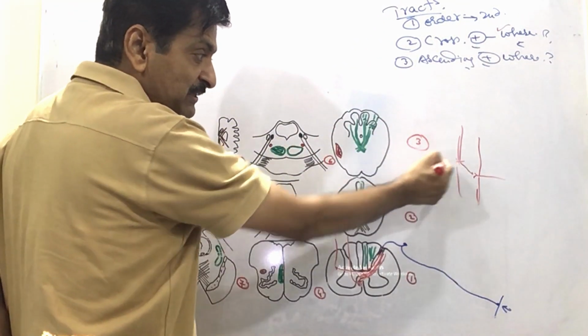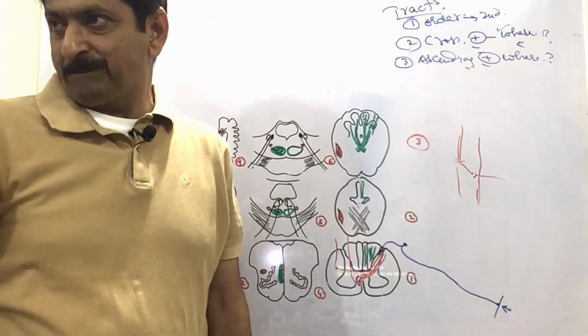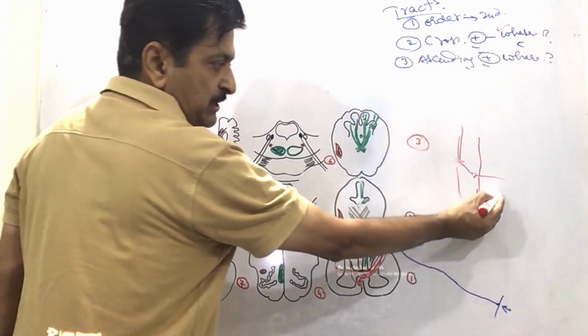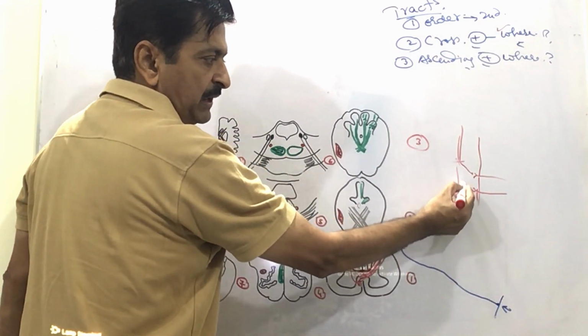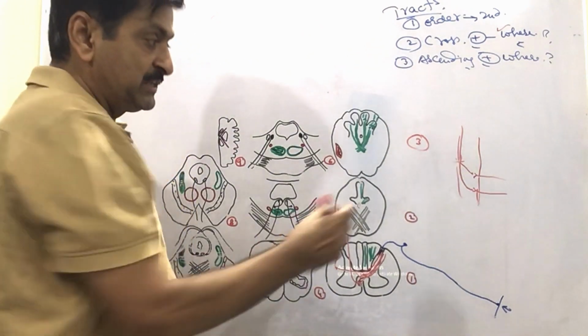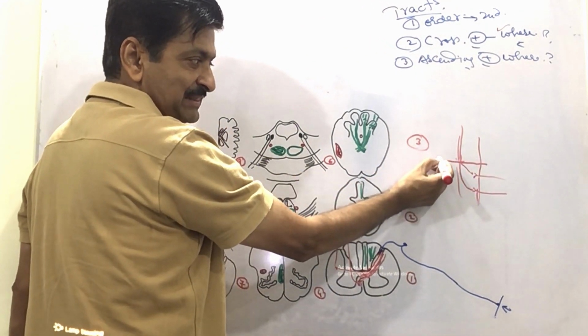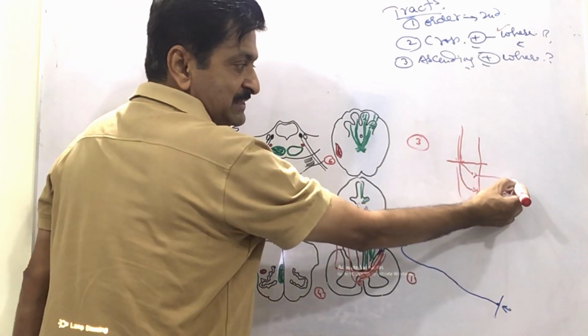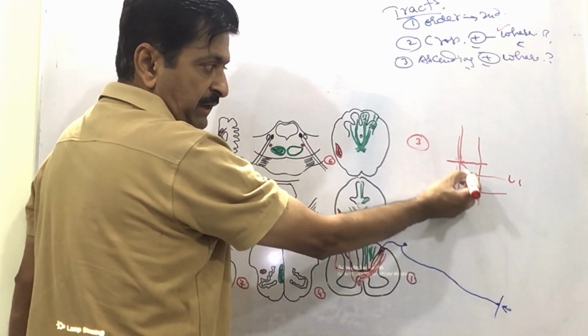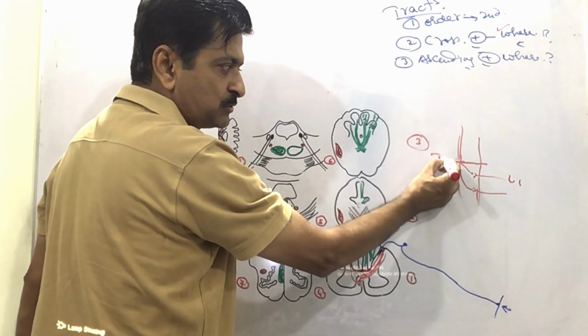Means the tract in the spinal cord will be formed a few segments up. If it is coming from here, it will go obliquely across like this. This is very important. If for example you are cutting from here, this starts from L1, but the tract will actually be generated up to, you can say, T11.